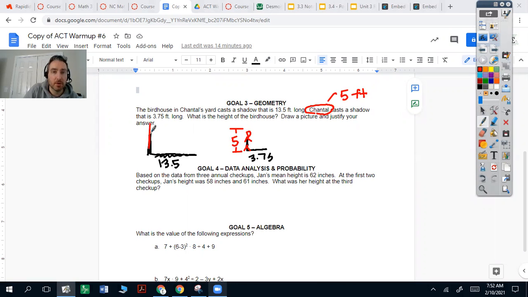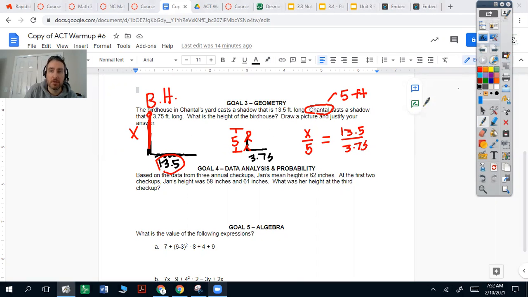Okay, so the birdhouse is somewhere over here. We want to know that height. So we say birdhouse's height over 5, x over 5, is equal to the birdhouse's shadow over Chantal's shadow.